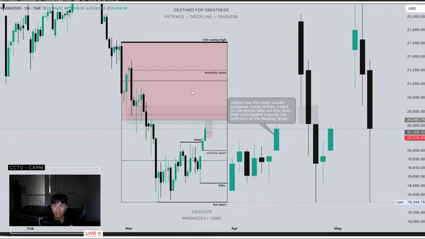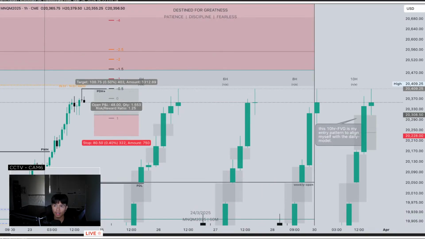And so the only thing left is an entry pattern. So how can I align myself with this order flow here? Or not align myself with, but how can I enter into this trade? So I noticed that there is a 10-hour fair value gap.